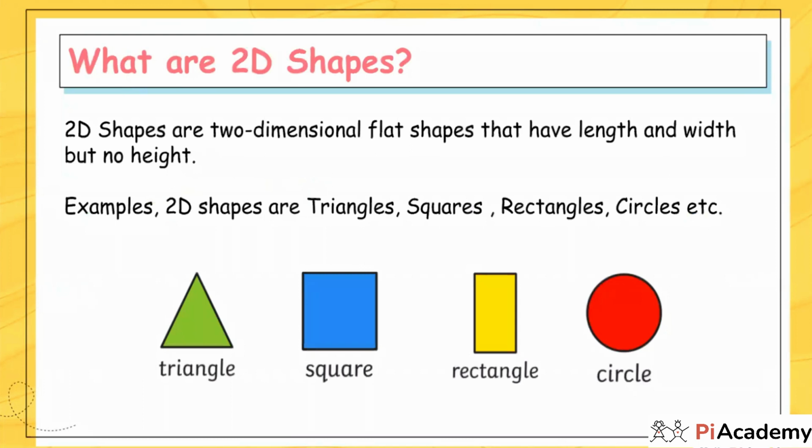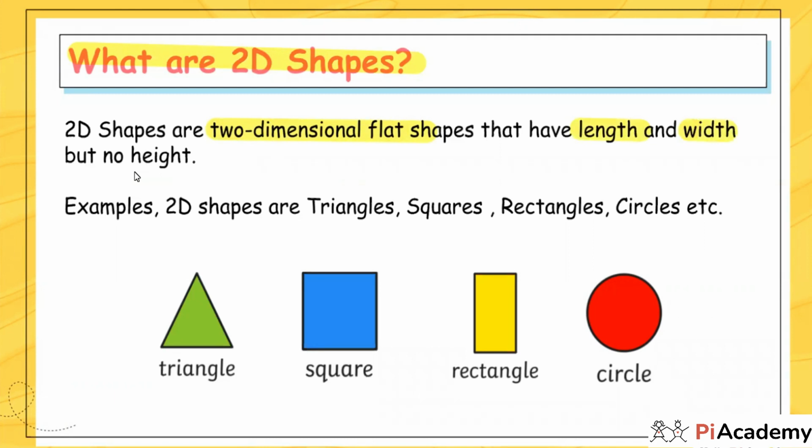The first question of this lesson is, what are 2D shapes? The definition of a 2D shape is as follows: 2D shapes are two-dimensional flat shapes. Two-dimensional means it must have 2 dimensions. Here, the first one is the length and the other is the width, but we don't have the height.